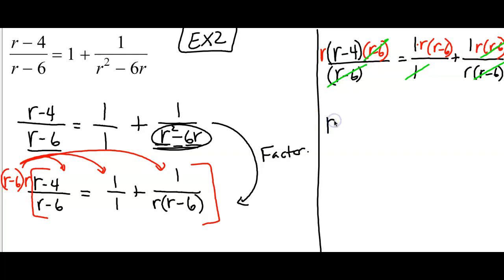I've got r times r minus 4 is equal to r times r minus 6 plus r. Oh, I forgot. These r's cancel out too, so never mind. It's not r. These went away, so it leaves just 1 actually.